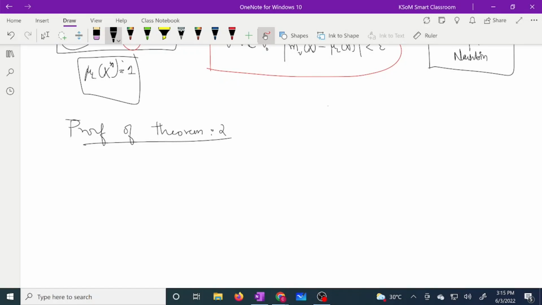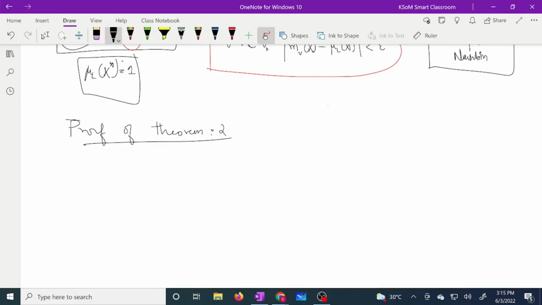What does it say? If you have two Haar measures, then one is a constant multiple of the other, right?